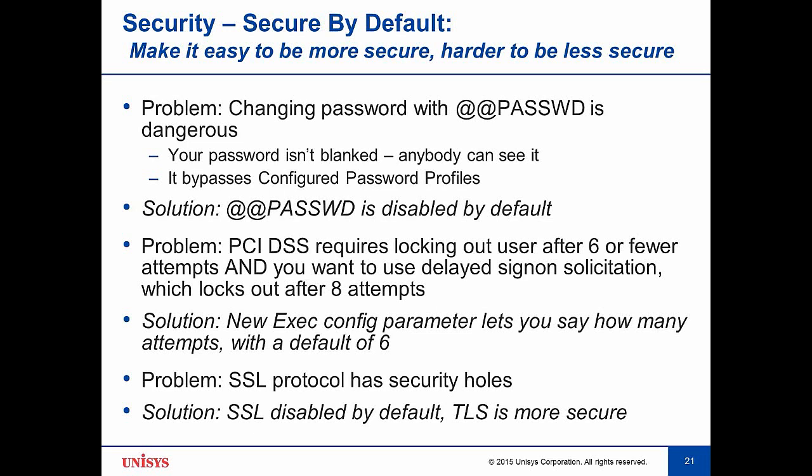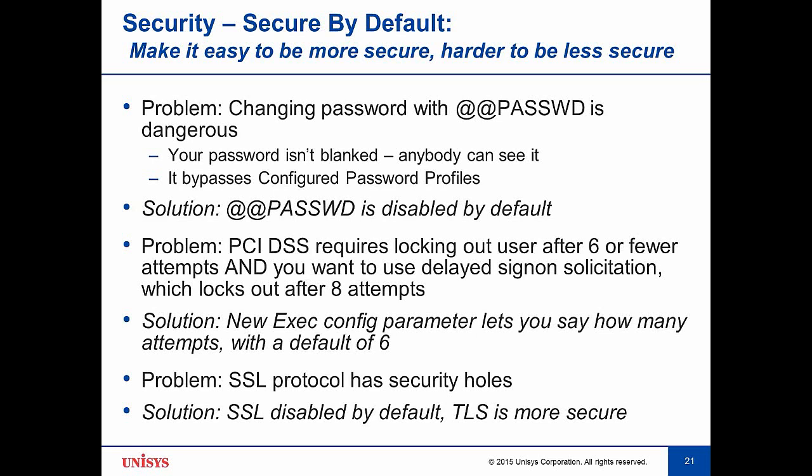Here's another one. The payment card industry data security standard requires locking out a user after 6 or fewer attempts. Now you can do that by configuring the exec today, but if you also want to use one of our hacker frustration features called delayed sign-on solicitation, then you have a problem complying with PCI DSS, because delayed sign-on solicitation, which quadruples the prompt time each time the user misses the password, simply locks you out after 8 attempts.